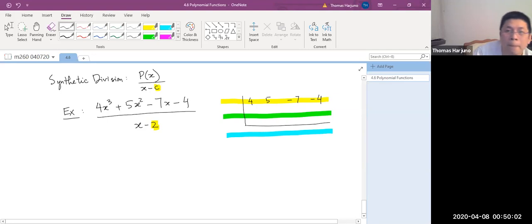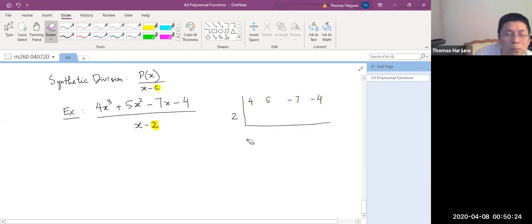Then in the second row, you will insert, outside of the box, the c. In this case, it's 2. So far, so good?